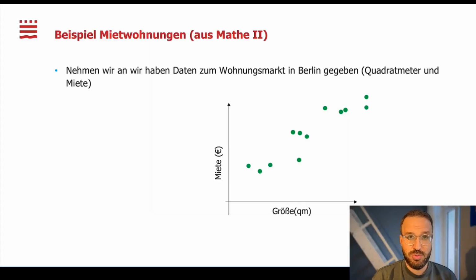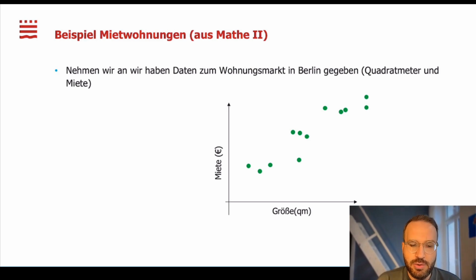And all of this reminds us of something we have already discussed in math class, namely the topic of linear regression. That's why I would like to revisit linear regression in this context and describe its relationship with correlation in this video.